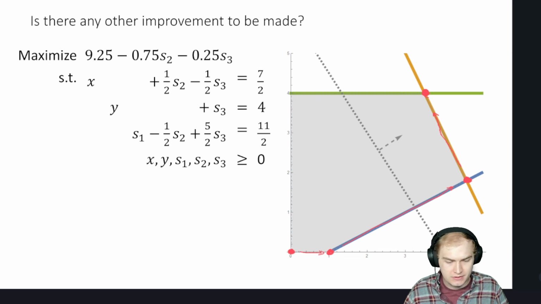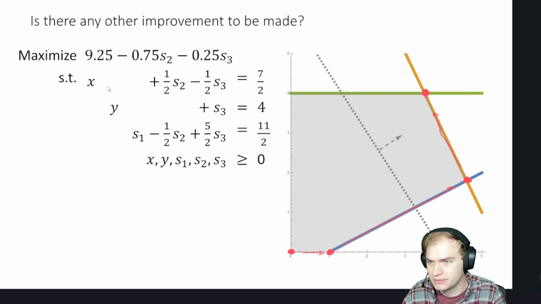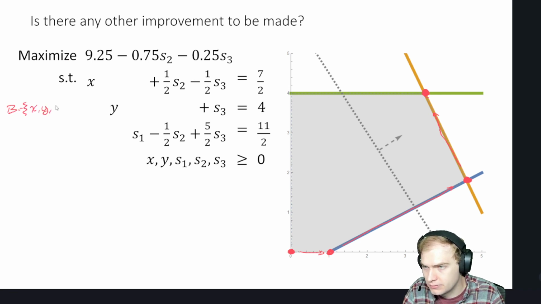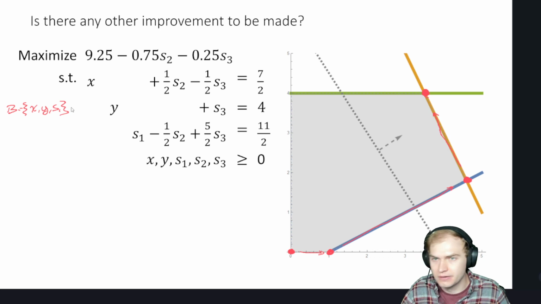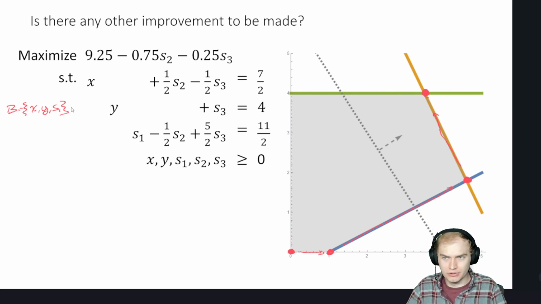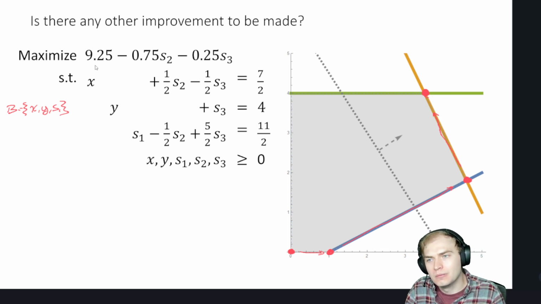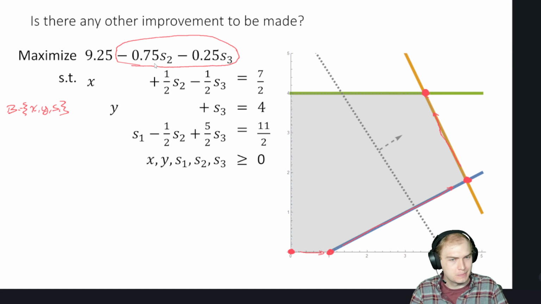So this is the canonical form of our new and final basis. This is the basis x, y, s1. And we'll notice that our objective function rho only has negative coefficients.